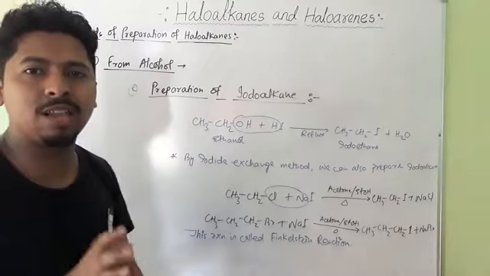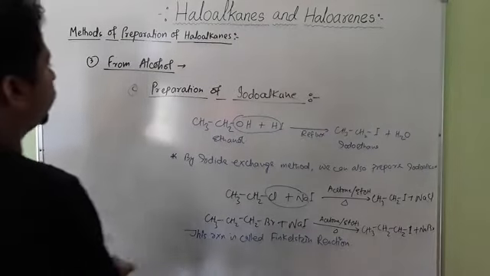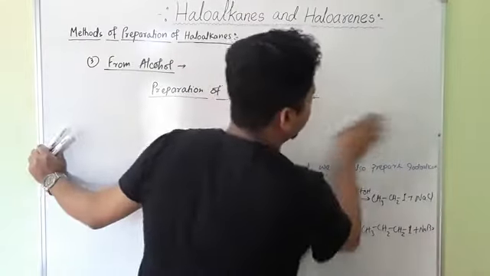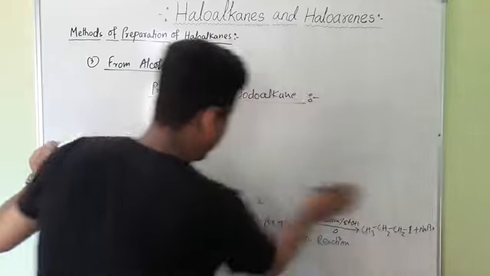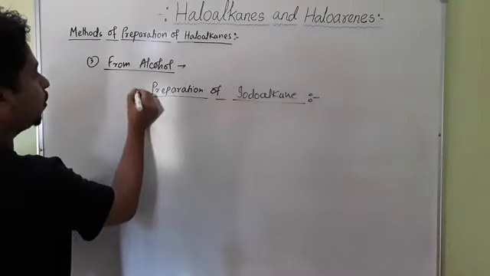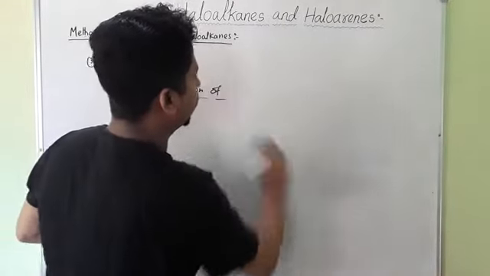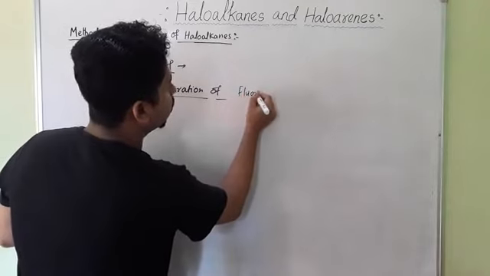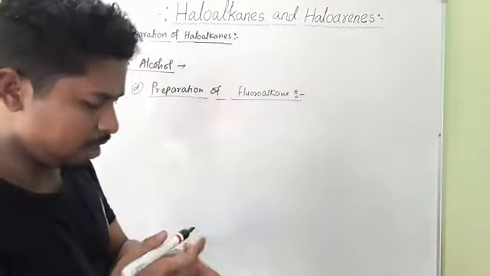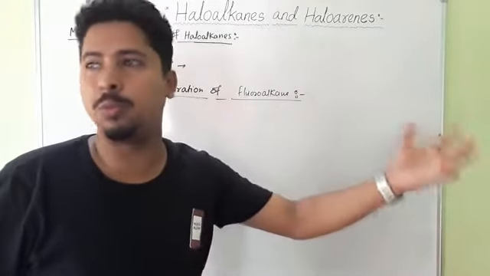Next, the last one, we are going to discuss the preparation of fluoroalkane, number D. Like the other reactions, when you treat alcohol with HCl, HBr or HI, you can produce the corresponding chloro, bromo or iodoalkane.